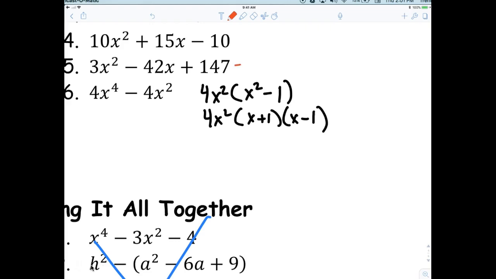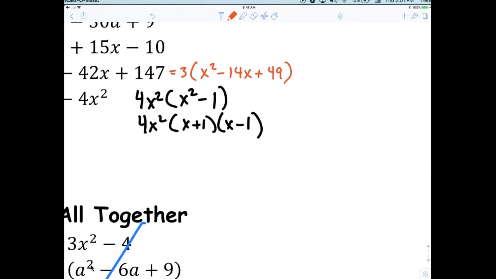So you factor out a 3, you end up with x squared. Everybody agree with that? And then that itself becomes a perfect square. 7. Good job, guys. For those of you who are seeing that, that's very good.